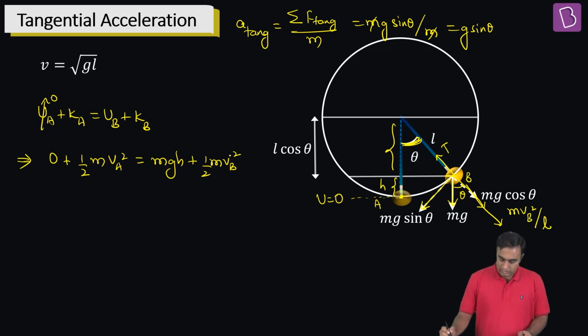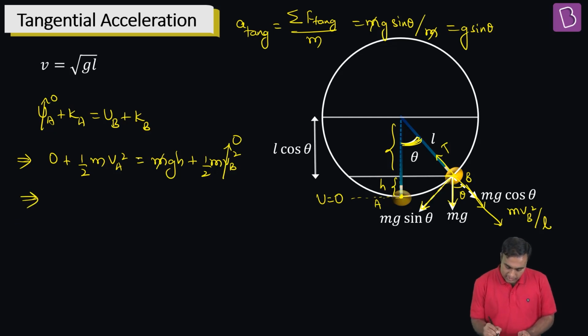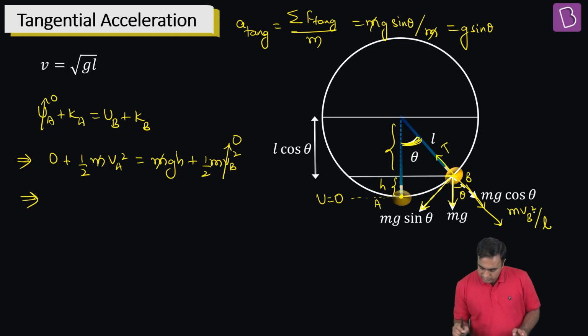Well, we are considering the bob to come to rest momentarily at position B. So what is VB? 0. So this term is 0. We can cancel m as well. We are finding in this case the value of theta.